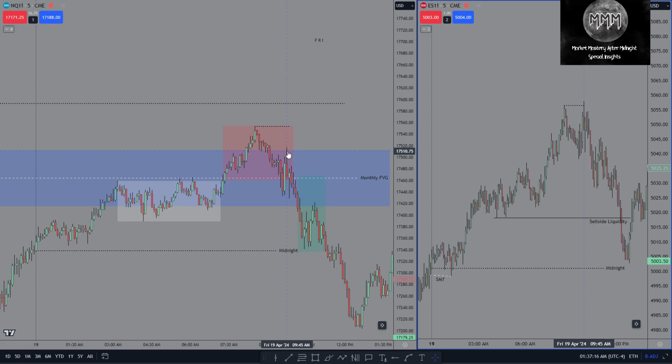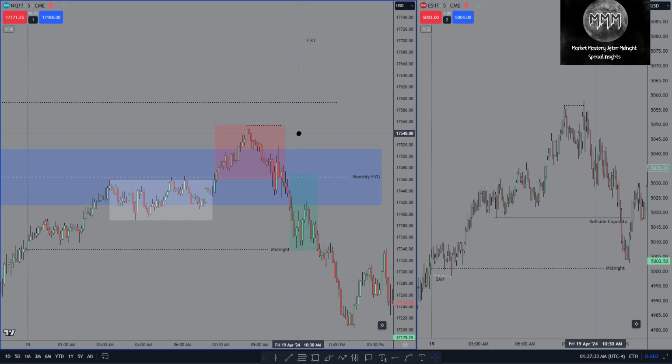Why did I enter here, and how did I know it was going to be a turtle soup to go lower? Well, this is a recipe for turtle soup. There's not a lot of information out there about turtle soup, but turtle soup is anticipating SMT like this. When you can anticipate SMT, you can trade turtle soup very accurately. And here, as we're seeing the SMT, I'm monitoring all three indexes while I'm looking to take a trade.